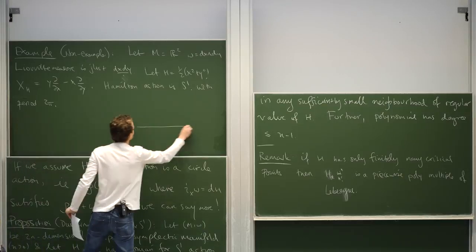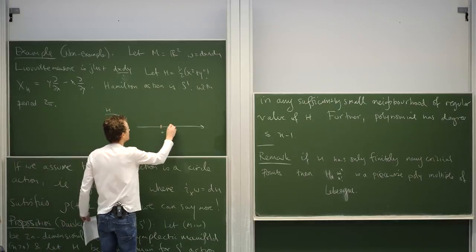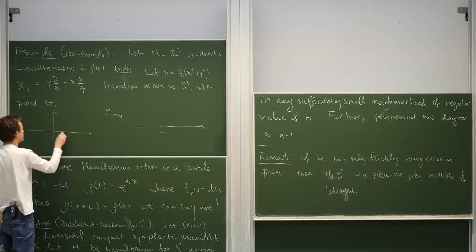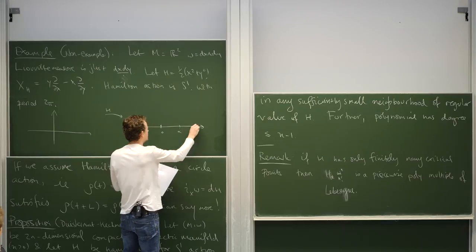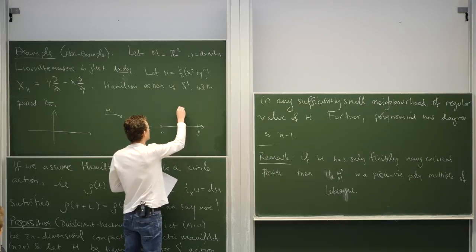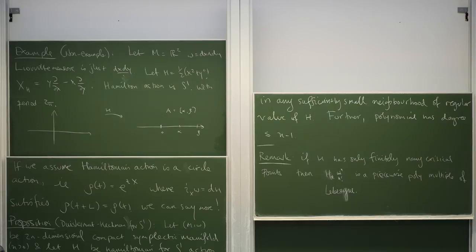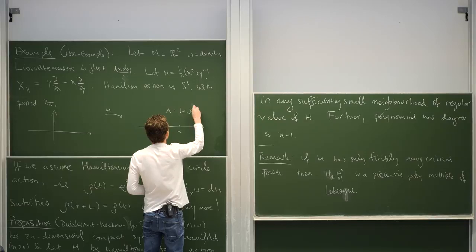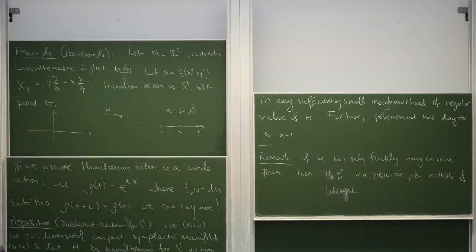So let's look at the image of the Hamiltonian. That's this half space here. And let's look at the pre-image. If we take 2 points here, alpha and beta, let's look at the set A, the interval from alpha to beta. And let's look at the half open set, just to make the connection with measurable sets a bit clearer.